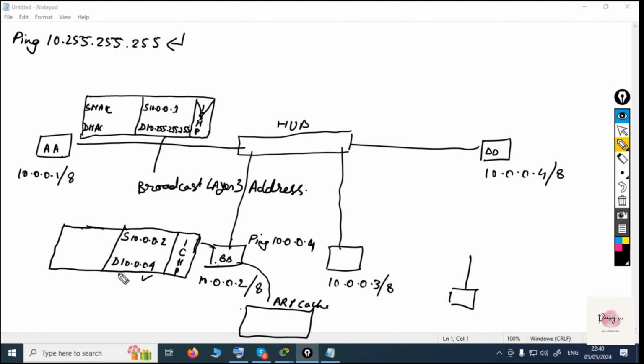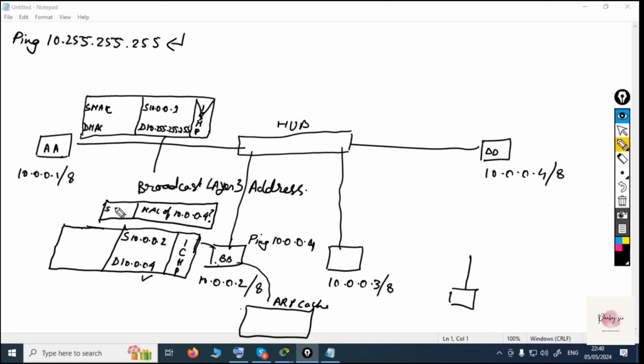It will keep this data aside, and it will just generate an ARP request: what is the MAC address of 10.0.0.4?